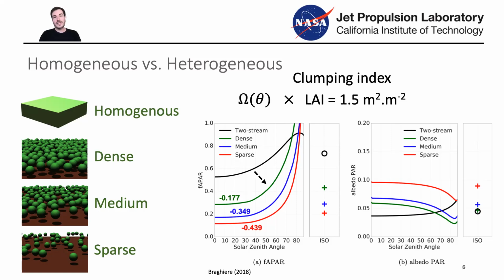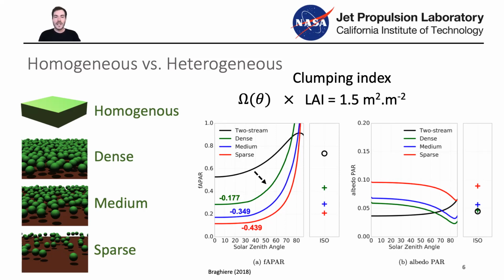A way in which Earth system models try to get around the fact that these radiative transfer schemes don't represent the 3D nature of vegetation canopies is by adding an index called the clumping index. So the idea behind the clumping index is that we multiply the true LAI by it, and we get an effective LAI in radiative terms.